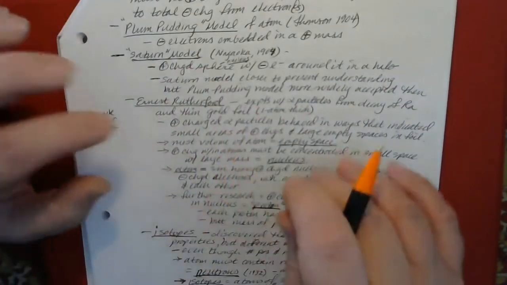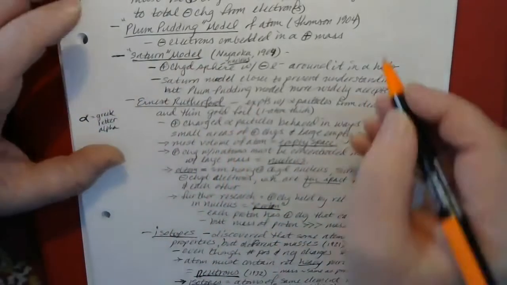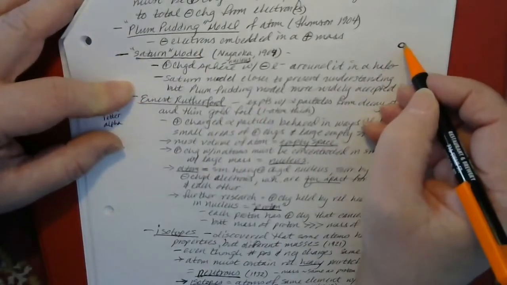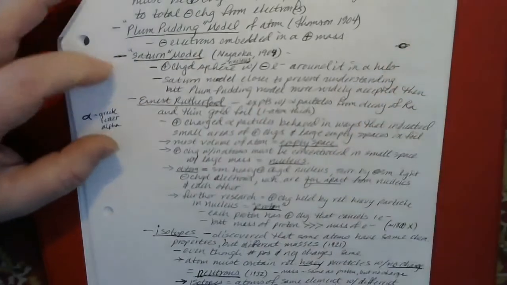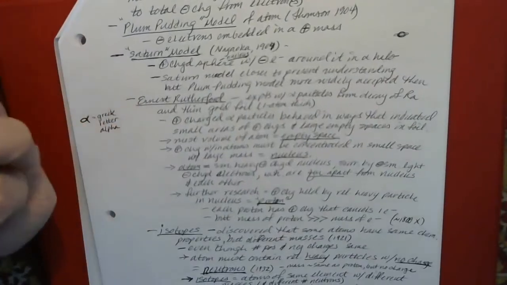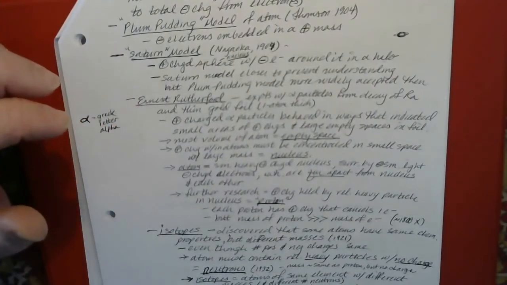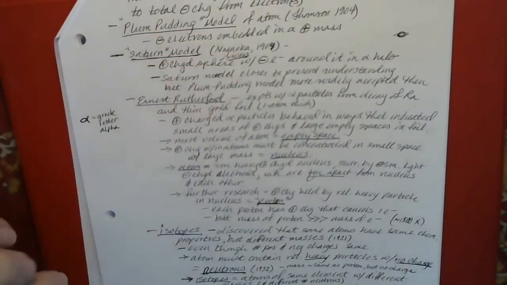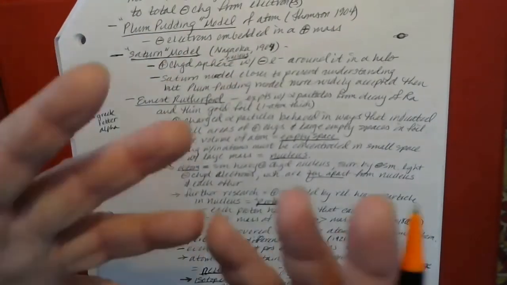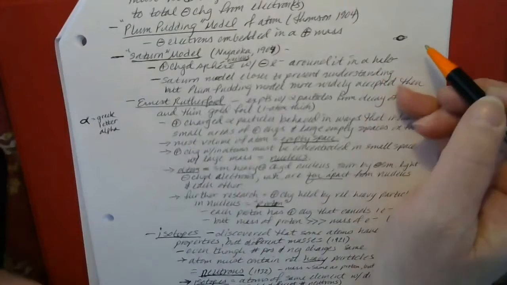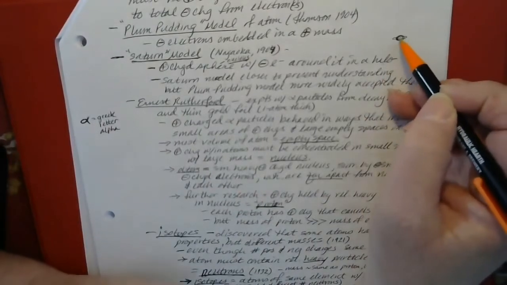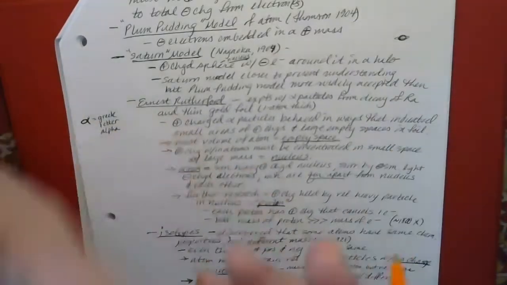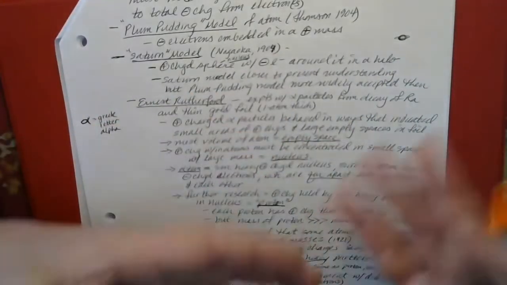But he basically envisioned it as being like the planet Saturn, where you have a positively charged sphere and a halo of negatively charged electrons around it. And again, the positively charged sphere is what we now think of as the nucleus. His version wasn't quite right, of course, because he envisioned the sphere at the center as being just basically a solid mass with a positive charge.